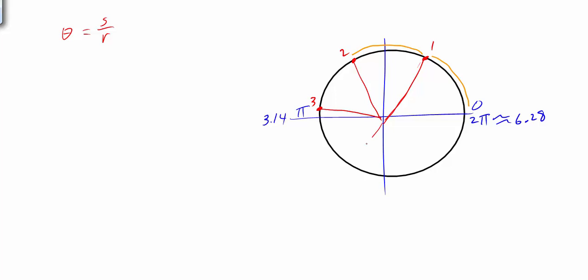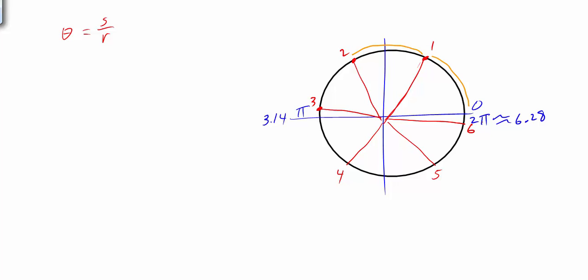And then over here we would have 4 radians, 5 radians, and once again, ever so closely here, we're going to have 6 radians. So 6 is not quite 1 circle around. And then, of course, if we keep on going around the circle, we would just keep on going.